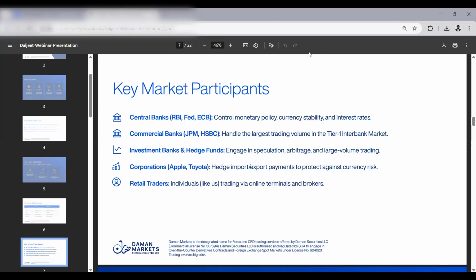Commercial banks like JPM, HDFC, HSBC handle volume trading in the tier international market. Investment banks and hedge funds are also major participants in this market.